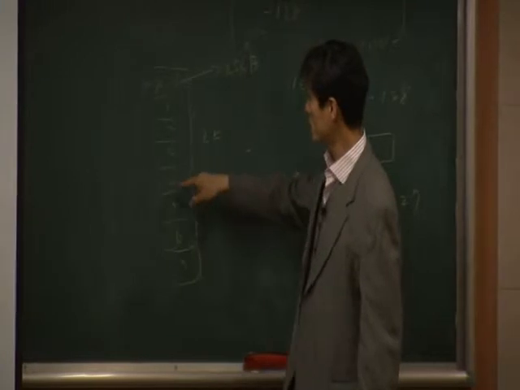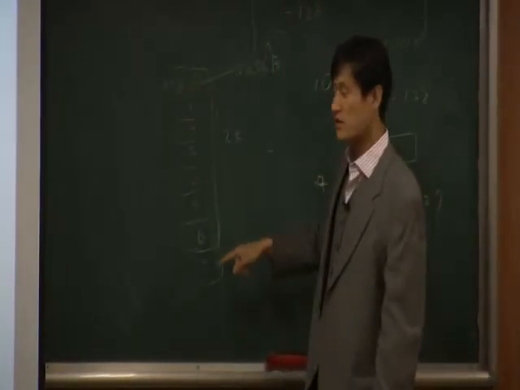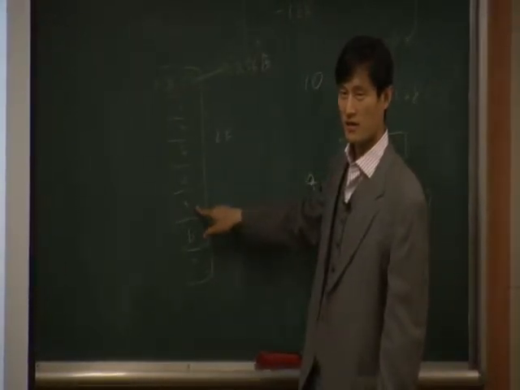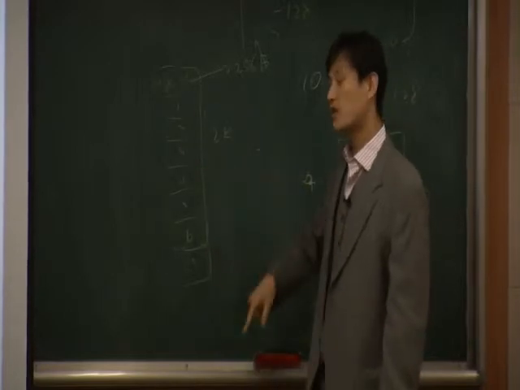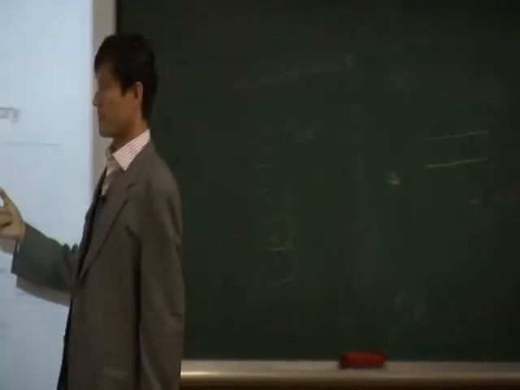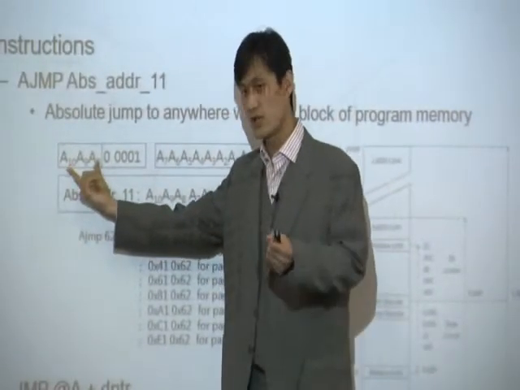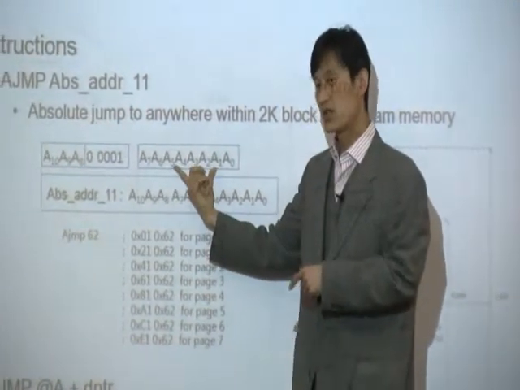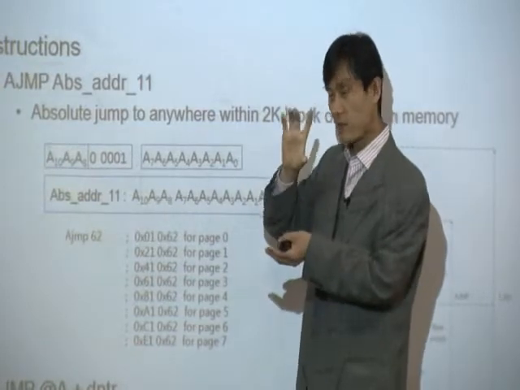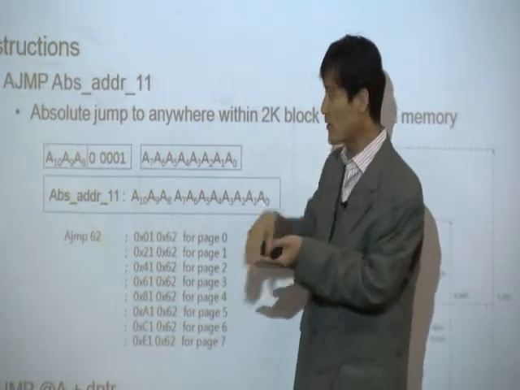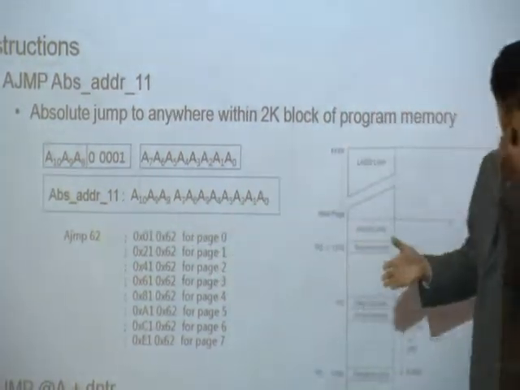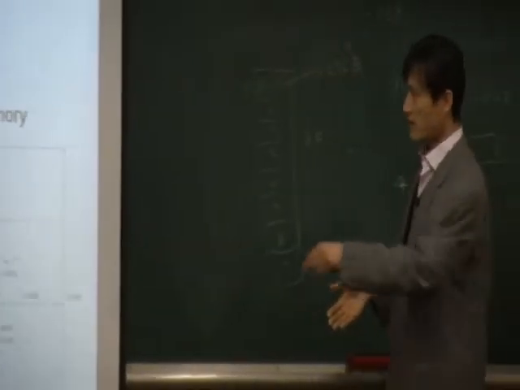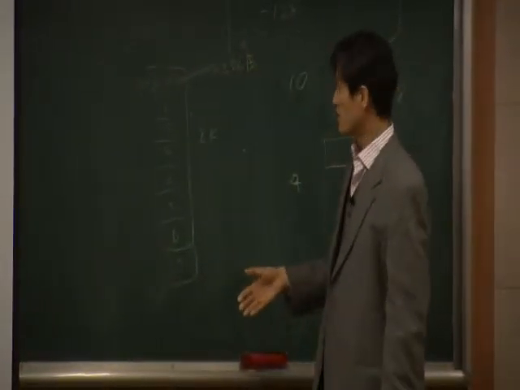Maybe you can jump to page 0, or maybe page 5. These 3 bits tell you which page you want to jump to, and the remaining 8 bits will tell you, within that page, which address you are going to jump to. That's what you can do with the A jump.